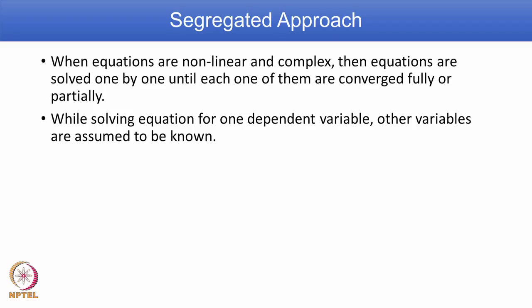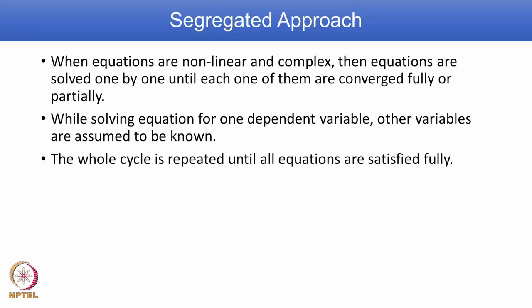While solving the equation for one dependent variable, other variables appearing in that particular equation are assumed to be known, either from previous iteration values or previous time level values. The whole cycle is repeated until all equations satisfy the convergence criteria fully.